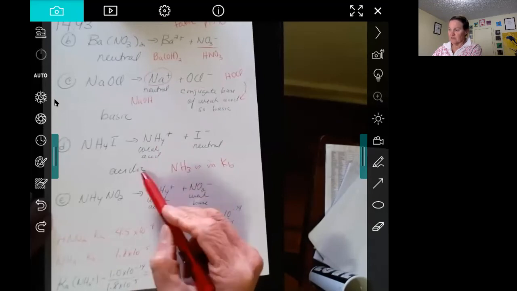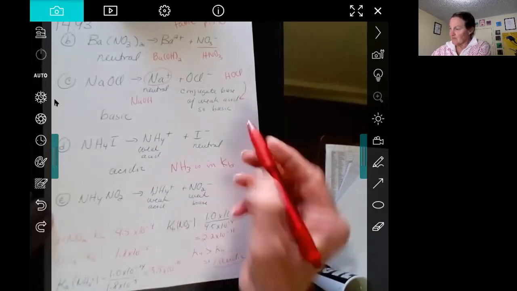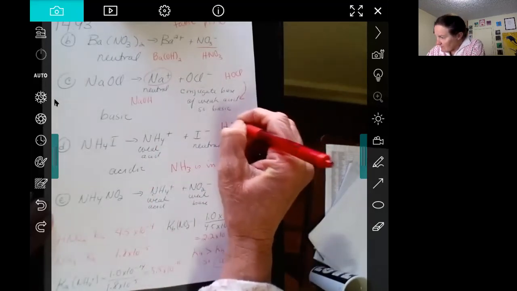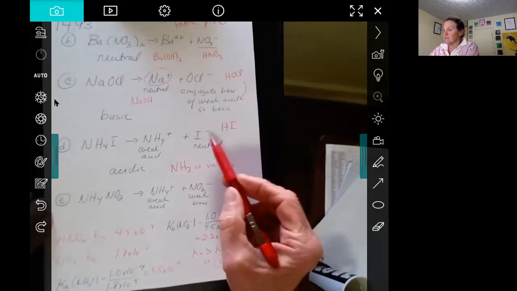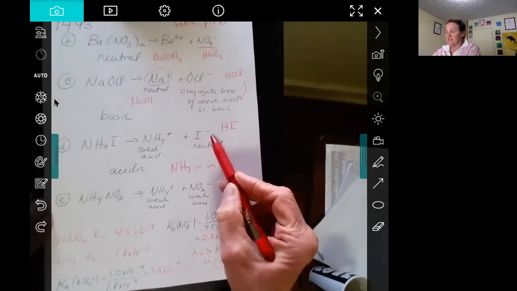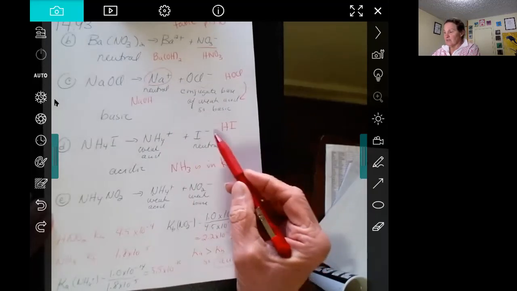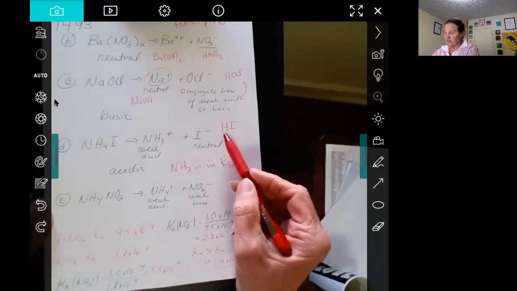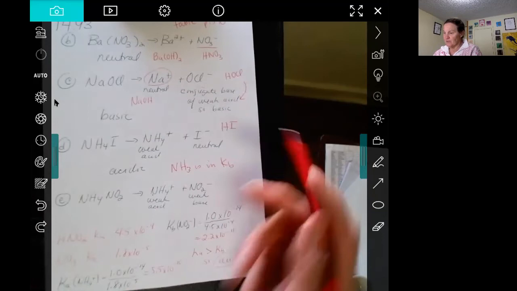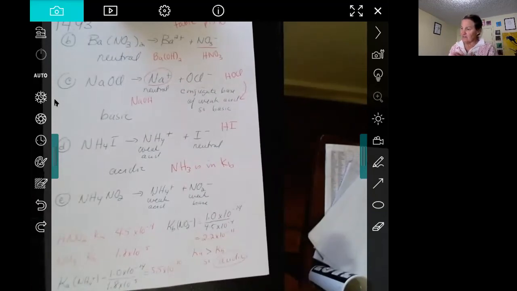So this contributes acidity. This is a strong acid. So if iodine's in solution, it's not going to react backwards to make the solution basic by picking up protons. So this guy will be neutral, making the entire solution acidic because of the NH4+.